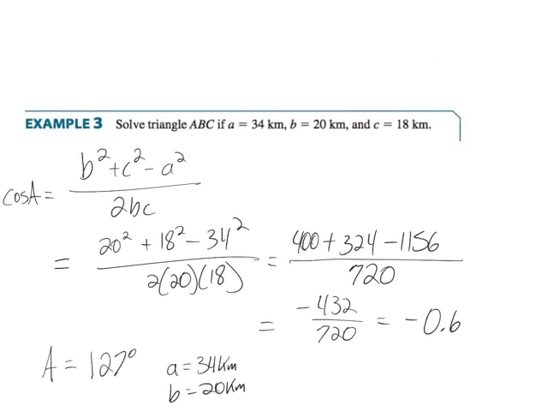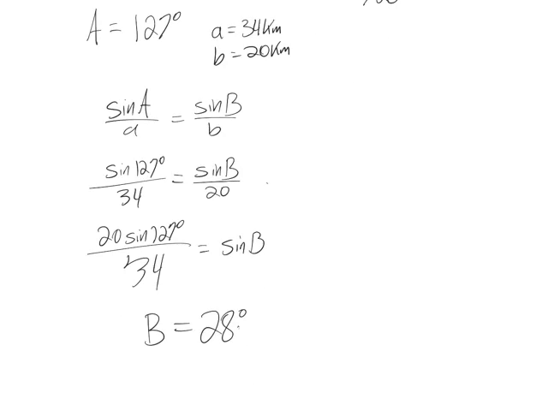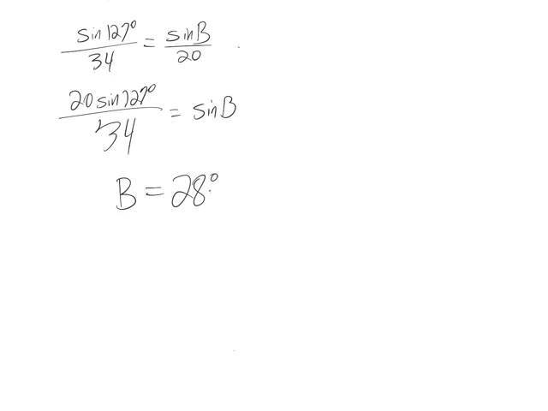Side c is not much smaller than side b, so angle C won't be an awful lot smaller than angle B. C is going to be equal to 180 minus 127 minus 28, which is 25. So that makes sense. 25 degrees.